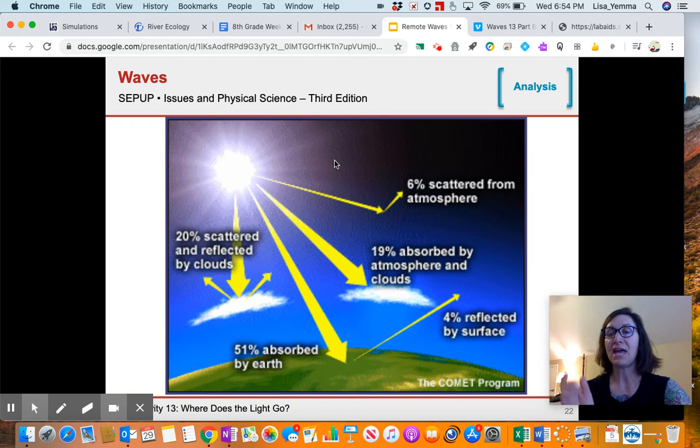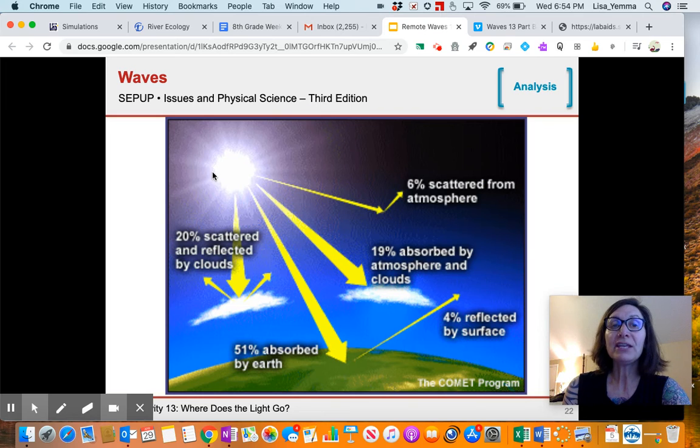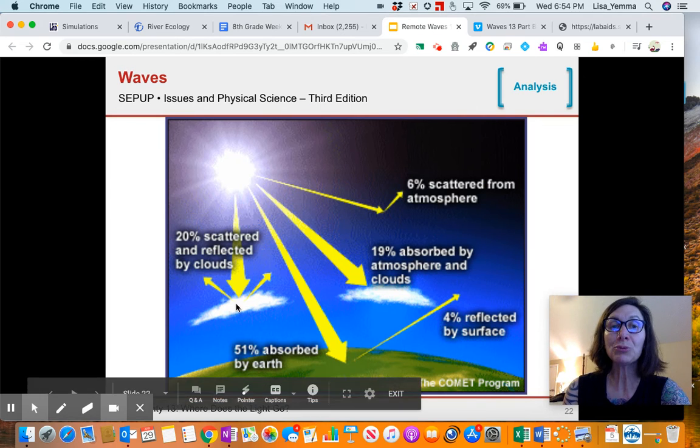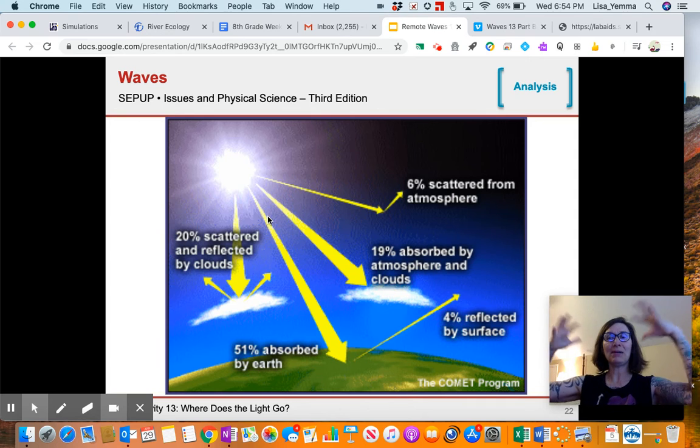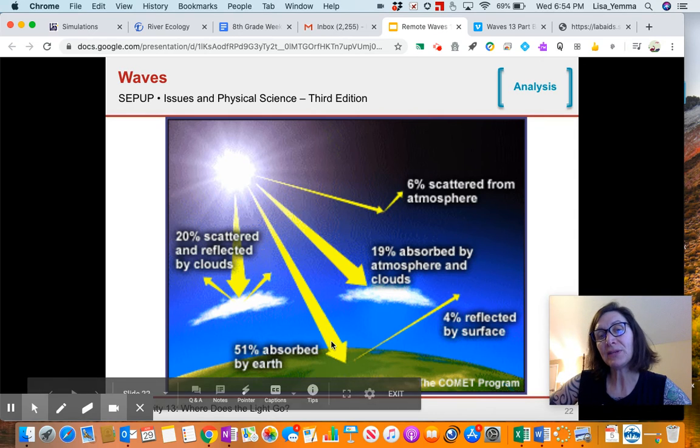And because of that, when the sun's energy hits, it does different things, including getting scattered. So of the energy that comes from the sun, 20% gets scattered and reflected to not heat up our surfaces. On a cloudy day, it feels cooler. 51% of the sun's energy is absorbed by the Earth's surface.